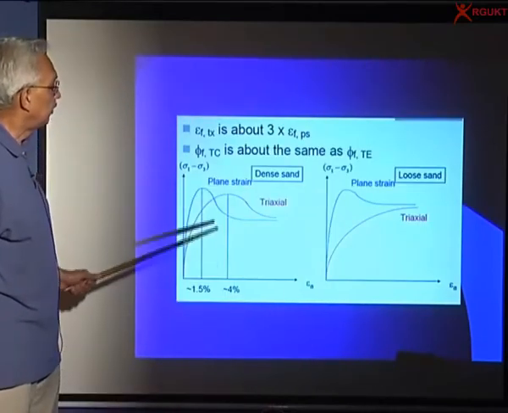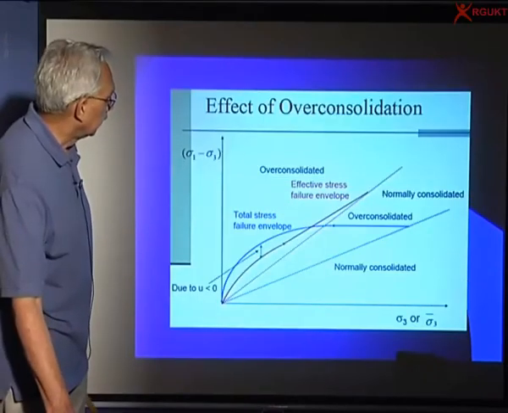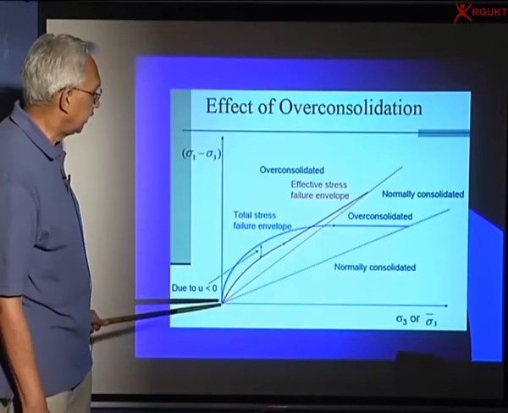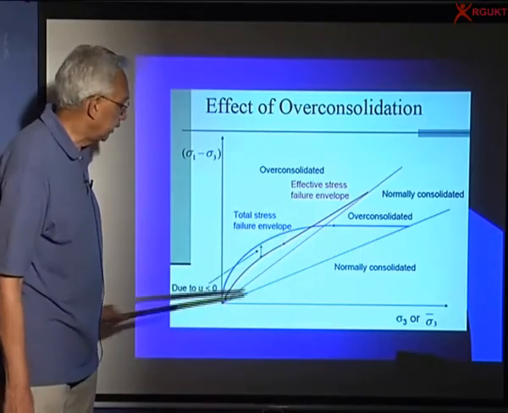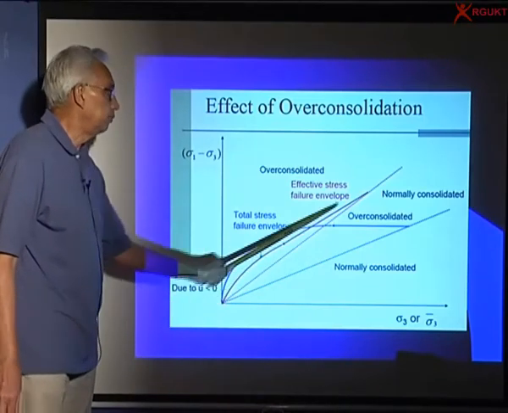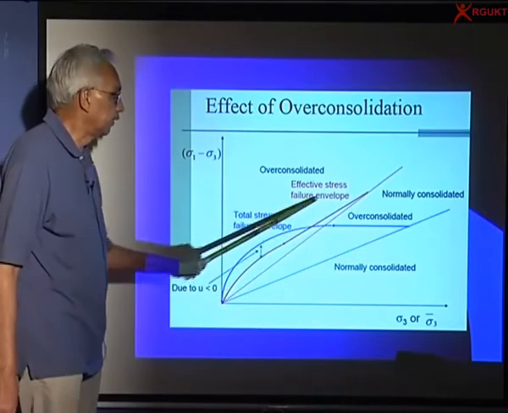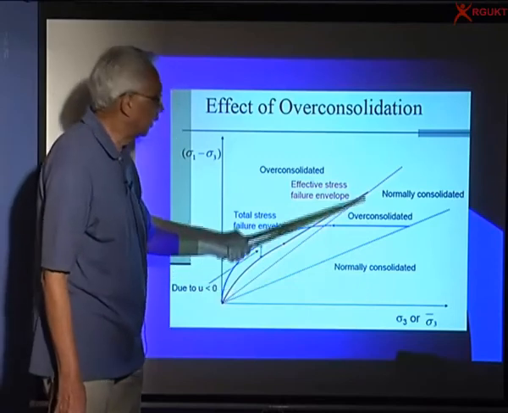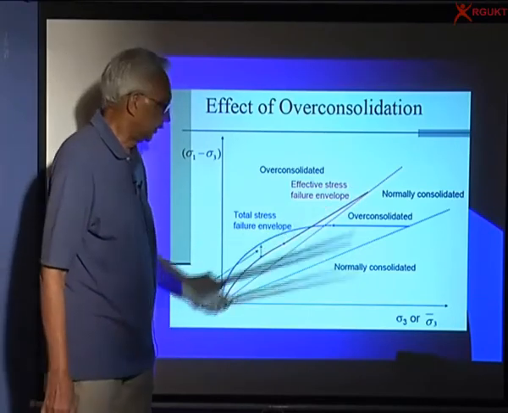So the angle could be about 3 degrees more. And in case of over-consolidated soil, initially the strength is more, and in normally consolidated soil you have a linear behavior, whereas in the over-consolidated soil, up to pre-consolidation pressure, soil exhibits an additional resistance.